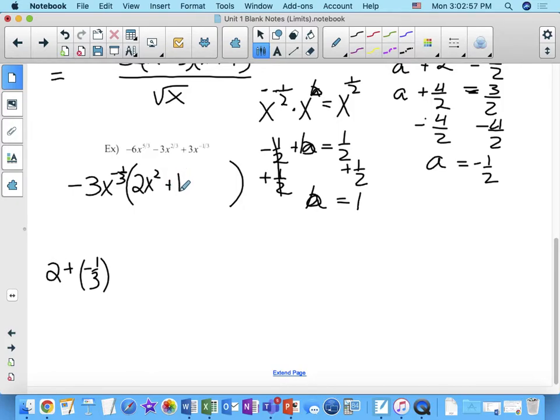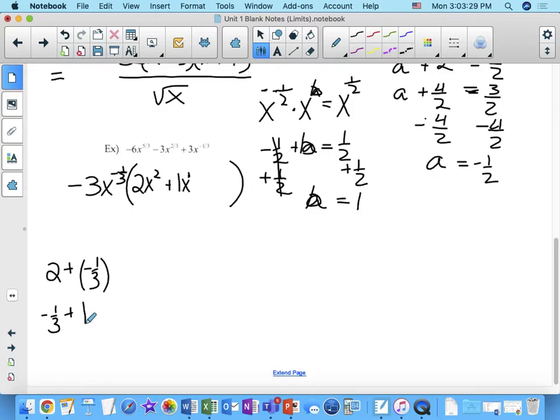And then here, negative 3 times 1 is negative 3, so plus 1. And of course, you can leave the 1 out. We're pretty sure this is going to be an x, but again, you want to make sure negative 1/3 plus 1 should equal 2/3. Is that true? Because if this is a 1, we need these two exponents, negative 1/3 plus 1, to equal the original one if we're expanding back in.